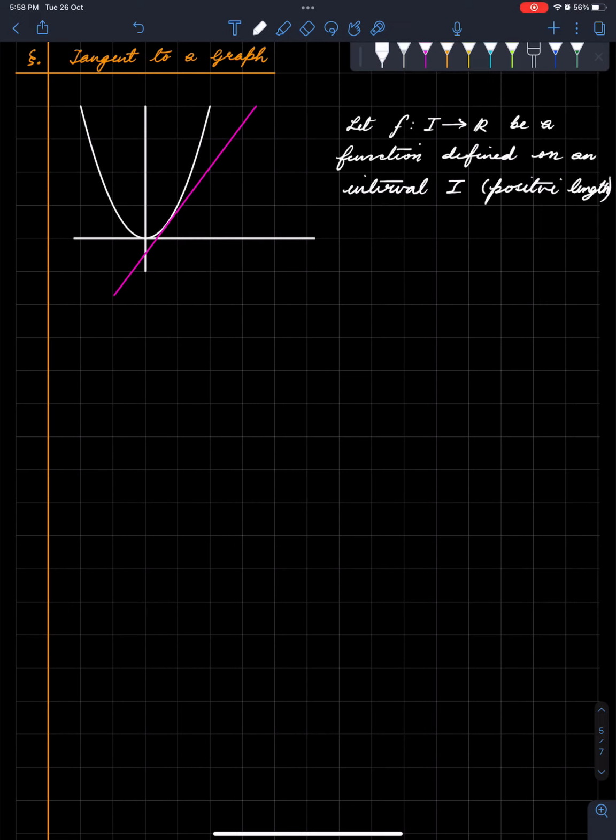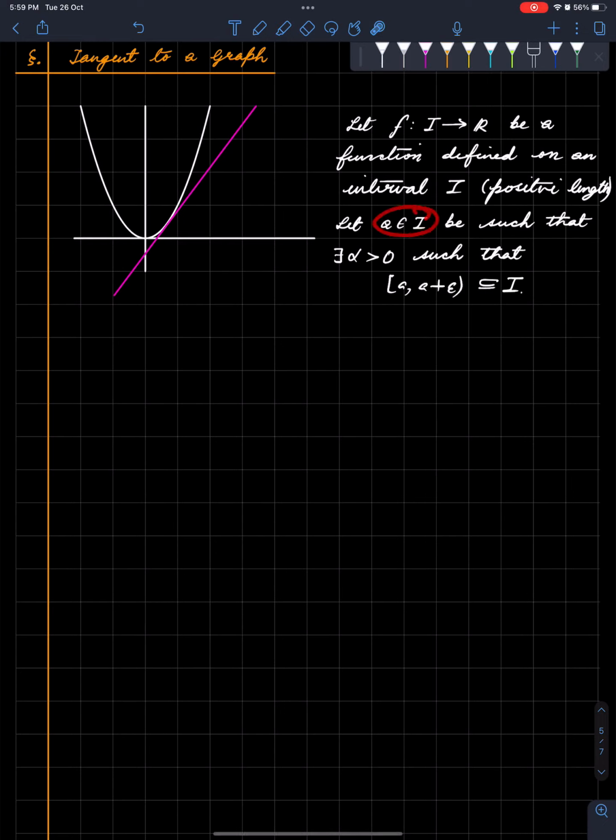And now let a in I be such that there is epsilon greater than 0, or let me not use epsilon, let me use some other symbol, maybe alpha greater than 0, such that [a, a plus epsilon] is contained in I. So all what I'm trying to say is that a is not a right boundary point.